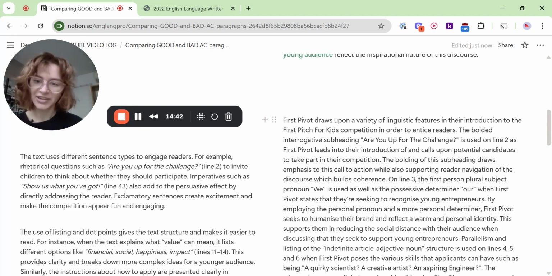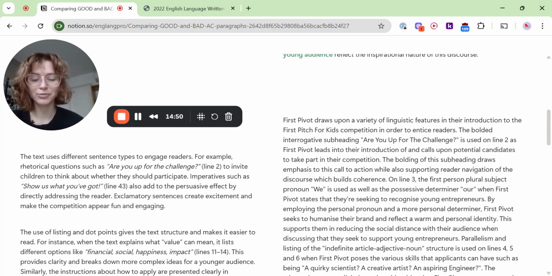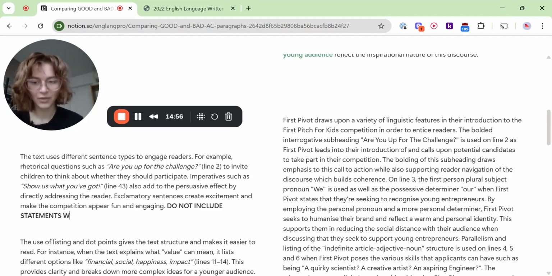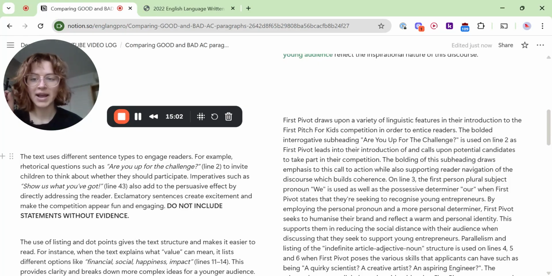Exclamatory sentences create excitement, sure, but are there even exclamatory sentences in this text? I have no idea, okay? So this is a super, super big no-no. Do not include statements without evidence.